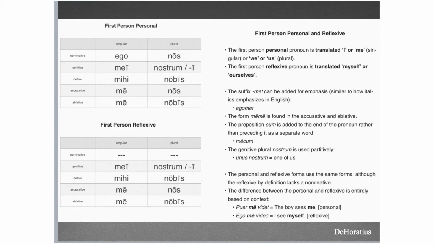For the other persons, you basically use the same form. So in other words, if I say videt me, she sees me, because the subject and the verb are different, me is a personal pronoun. If I say video me, I see myself, the me is reflexive because the subject and the object are the same, or the subject and the pronoun refer to the same person.